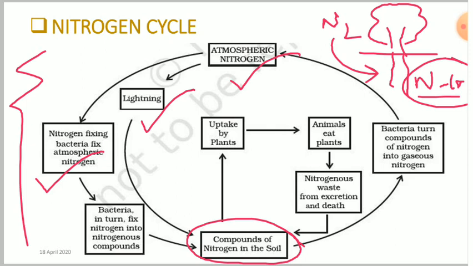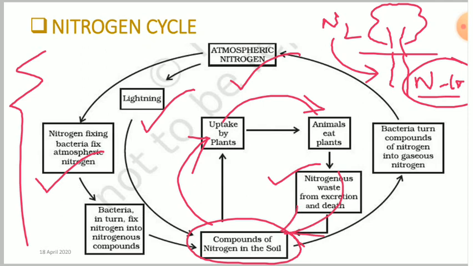Then those nitrogenous compounds in the soil are taken up by the plants, then the animal eats those plants, so it gets transferred from the plants to the animal. When the animal removes its waste, or if the animal dies, its death and decomposition also give nitrogenous compounds back to the soil.